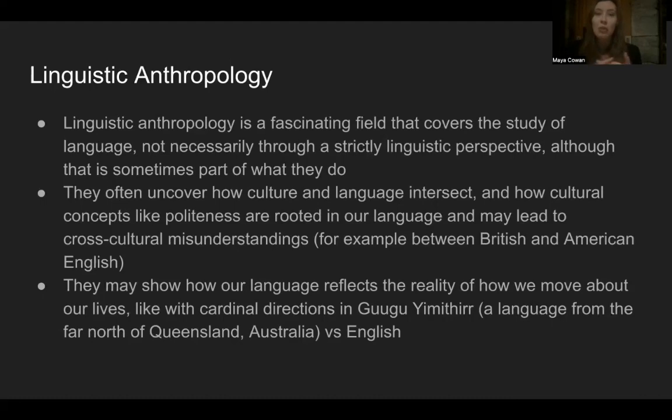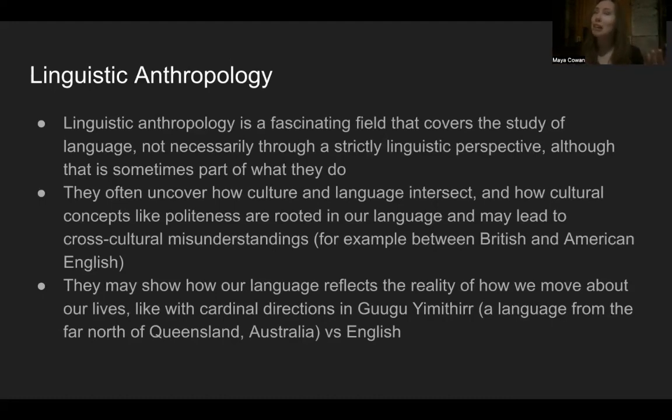Anthropologists might also look at how language reflects how, as human beings, we move about our lives and we just exist in the place that we exist, in the culture that we exist. So one example that I remember learning about was cardinal directions compared between Gugu Yimithir. I don't think I'm pronouncing that correctly.